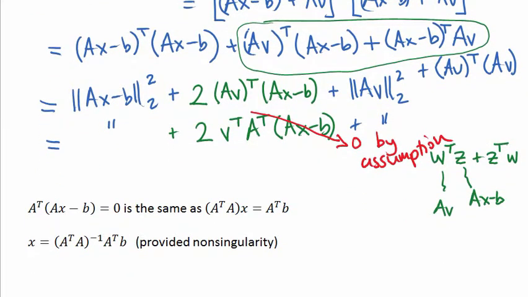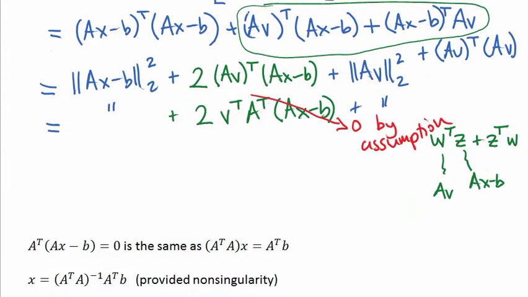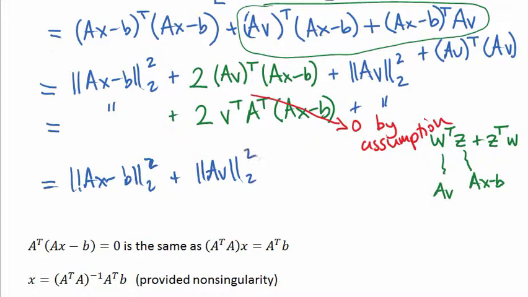So now what we have comes down to the 2 norm of AX minus B squared plus the 2 norm of AV squared. Well, the norm of anything is always a non-negative number, so that's got to be at least as big as the norm of AX minus B squared.